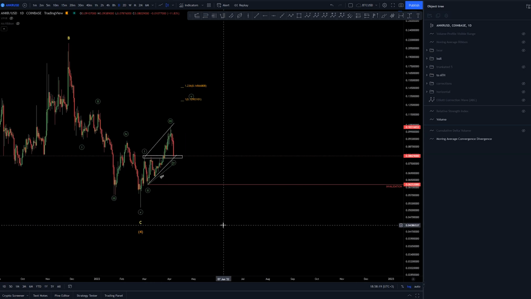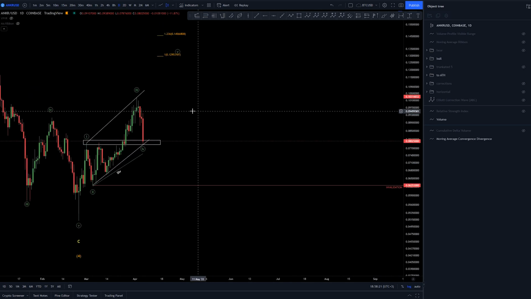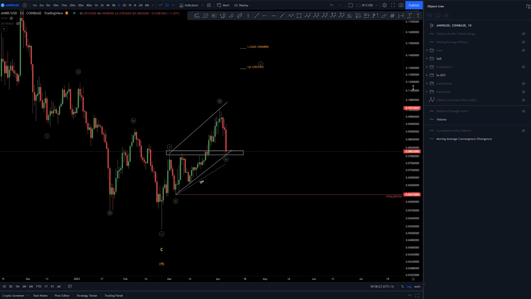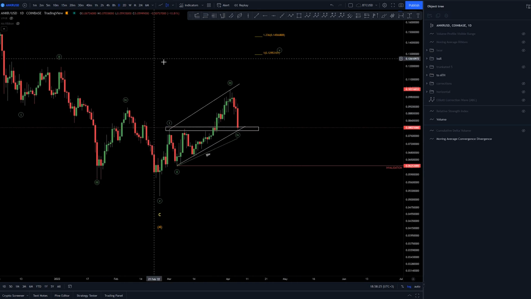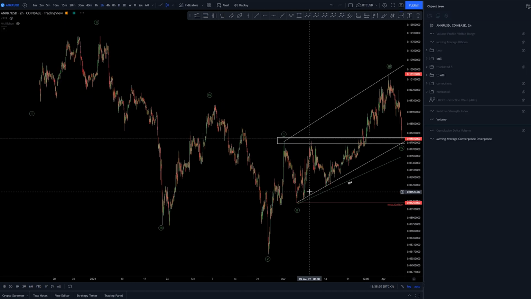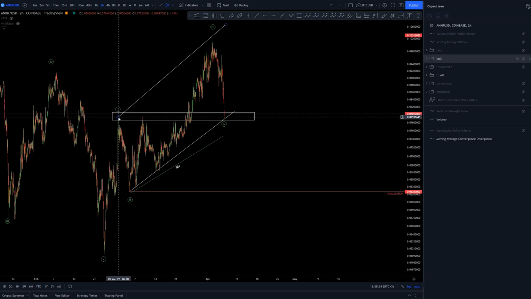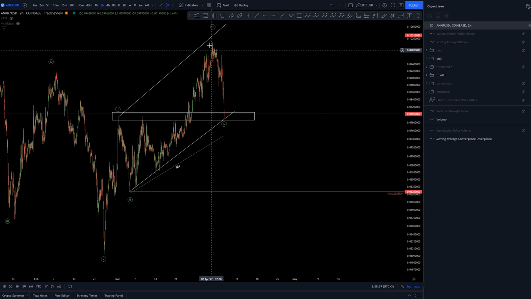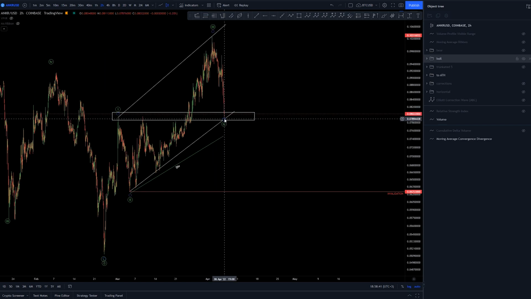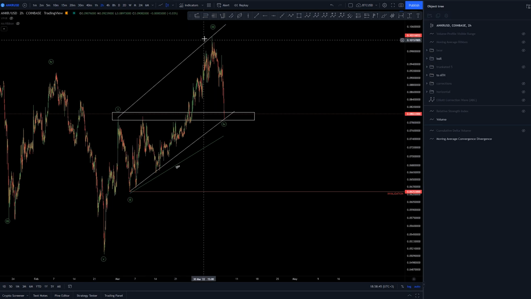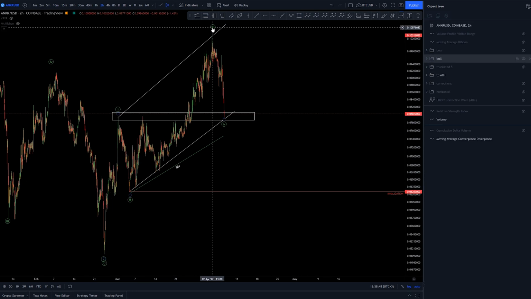It's not mandatory, but this current price action here has already invalidated an impulse count that I had previously plotted out. So it invalidated just a few moments ago when this leg down took out the high of 1, invalidating the impulse count, having this as an impulse.